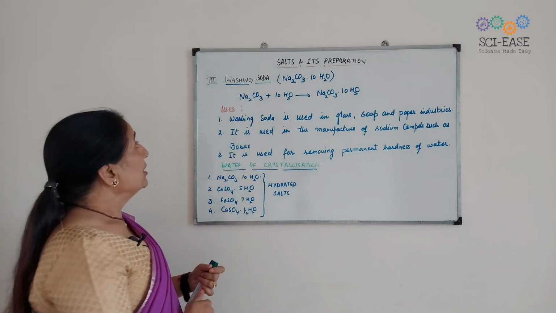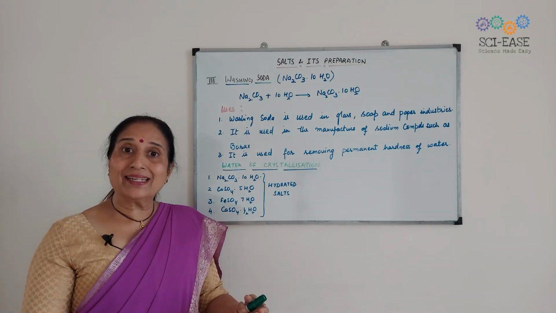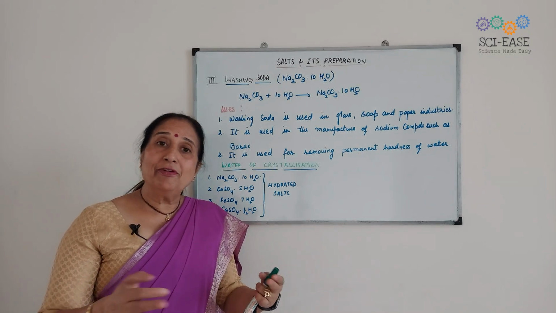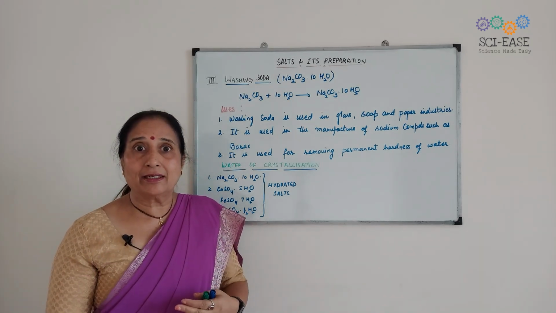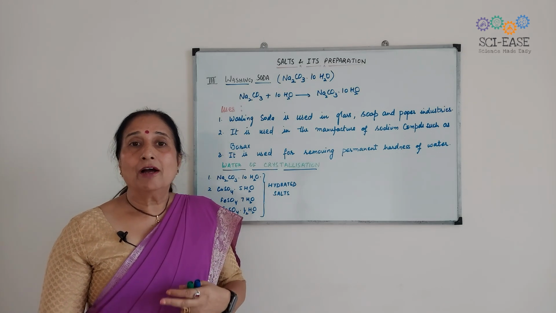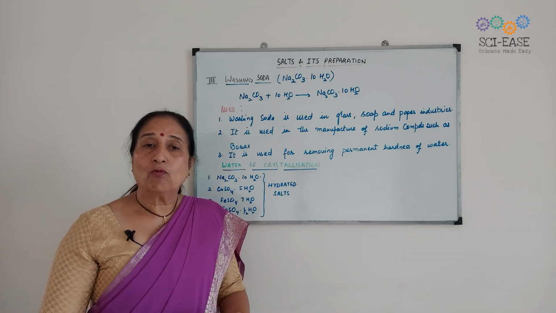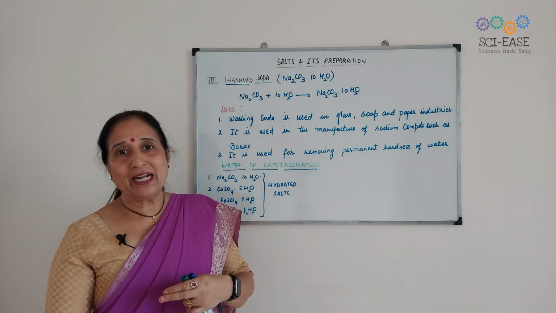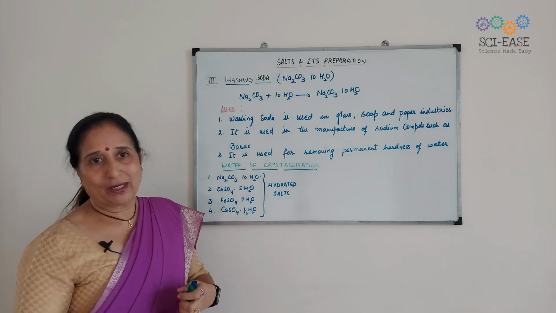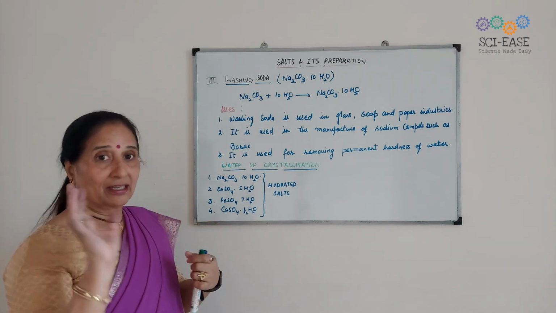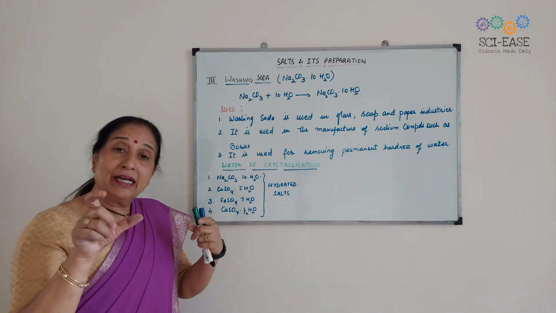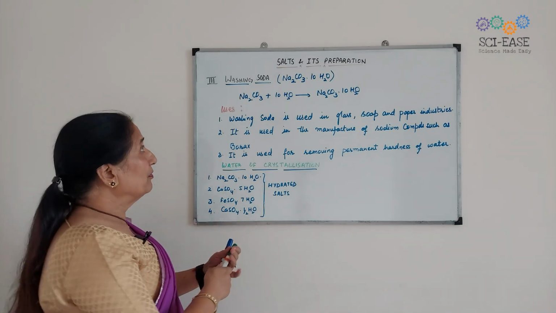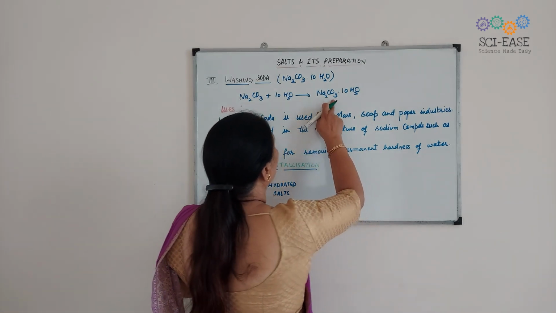Now, how can this washing soda be prepared? We know that when we heat baking soda, we get sodium carbonate, carbon dioxide and water. This reaction we have done. Here we get sodium carbonate.